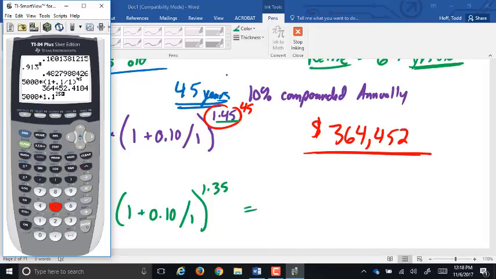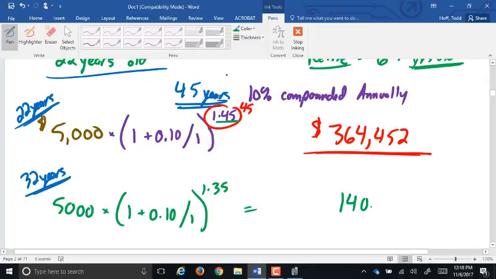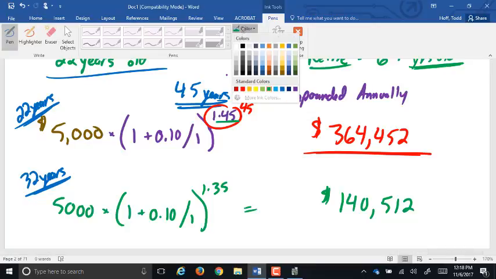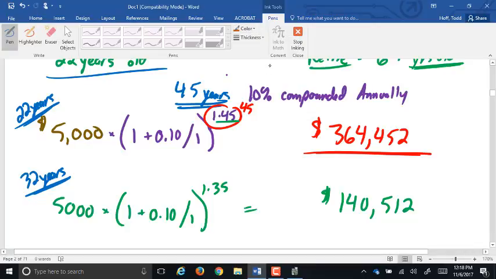Anybody want to guess at what this is going to be now? It's going to be less. You'd have $140,512. So anyway, it's almost cut to a third. By waiting that 10 years, it's down to between a third and a half of what it would have been.